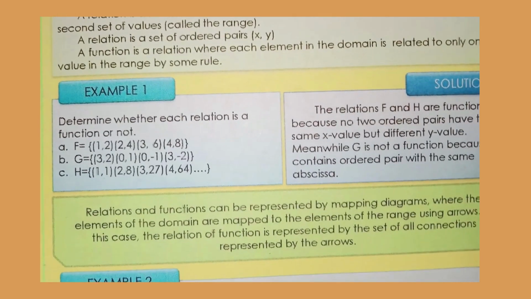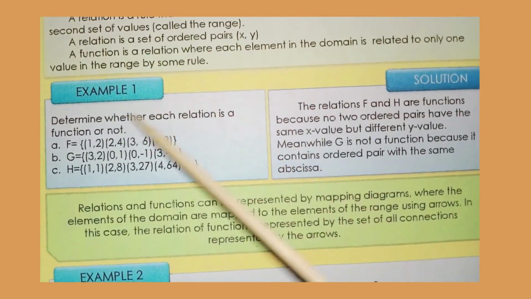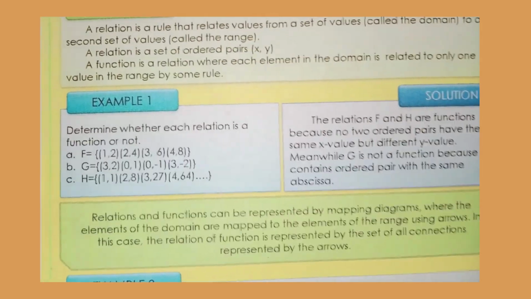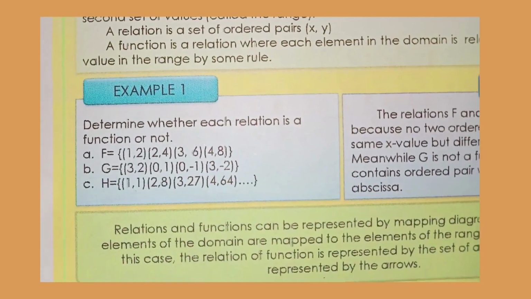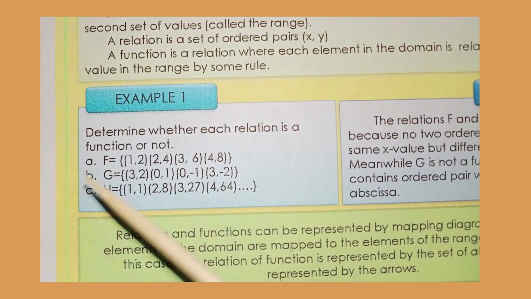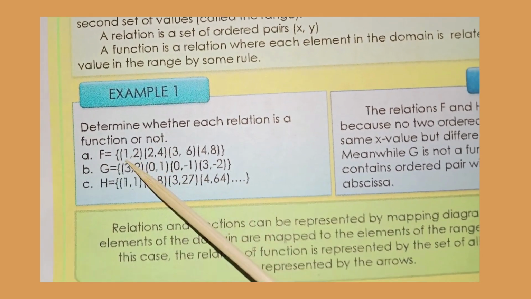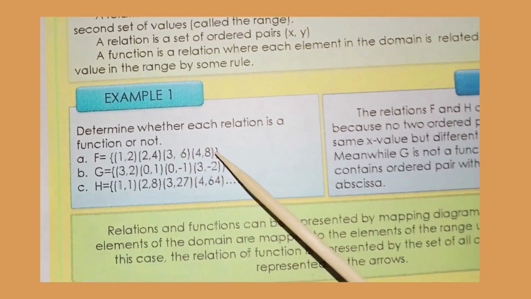Let's have example 1 in your module. Determine whether each relation is a function or not. Masasabi natin na function kapag na-meet niya yung ating dalawang rule. Pag hindi naman, isusulat natin not. Okay. Letter A, we have 1 and 2, 2 and 4, 3 and 6, 4 and 8.